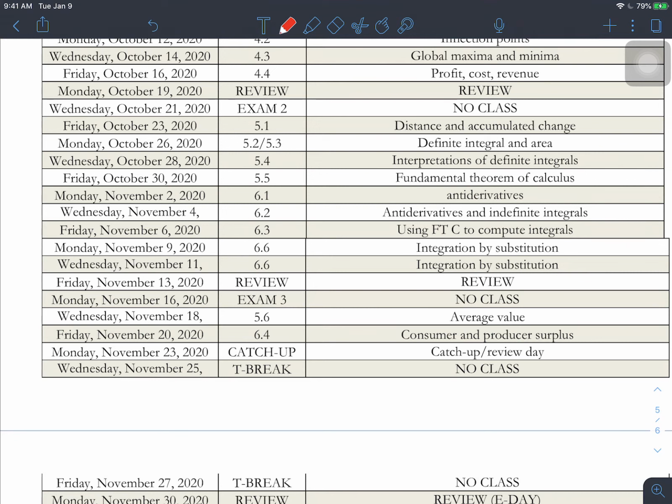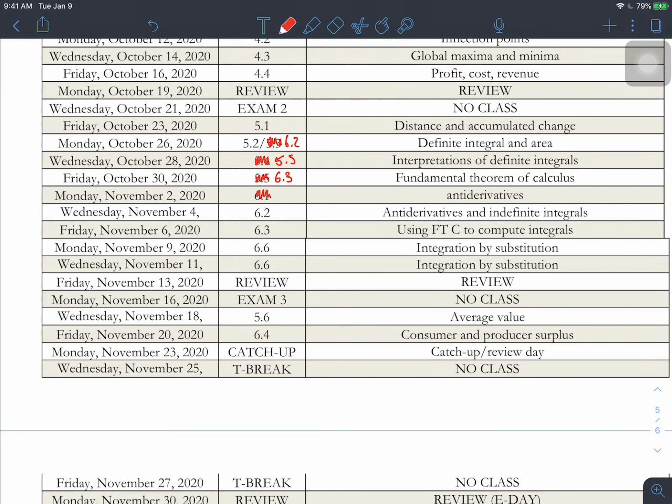We did 5.1 and then 5.2 and 6.2, and then we did 5.3. Today we're doing 6.3.